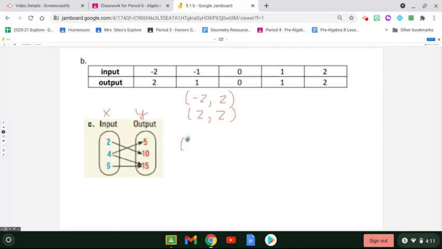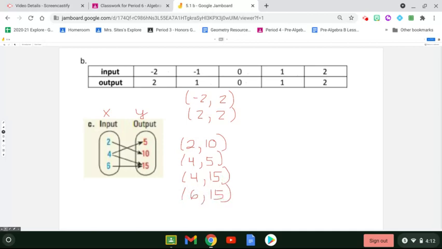So this would be like the ordered pair 2, 10. The input value of 4 looks like it's headed to 5, but the input value of 4 also looks like it's headed to 15. The input value of 6 is also going to 15.